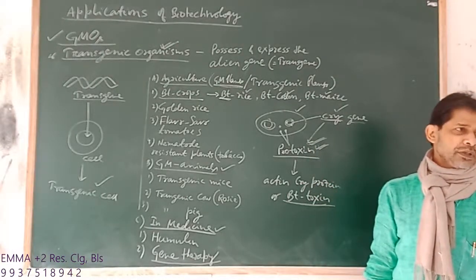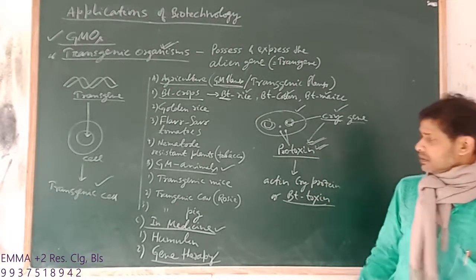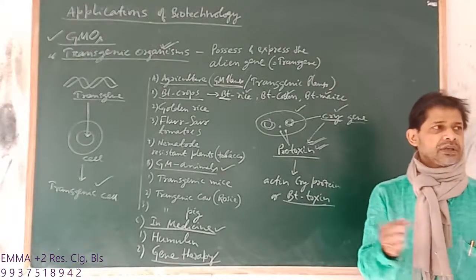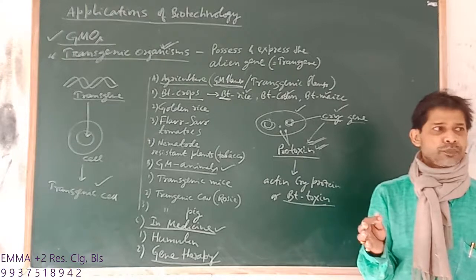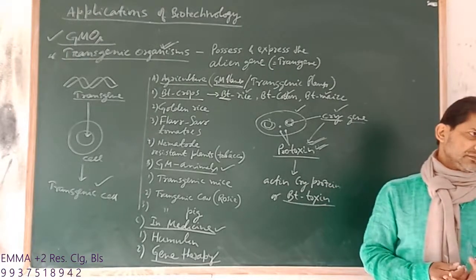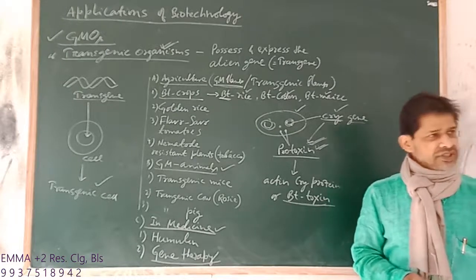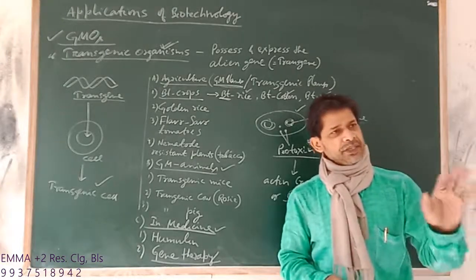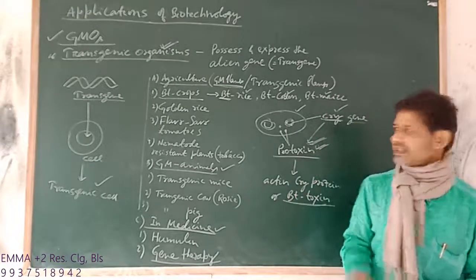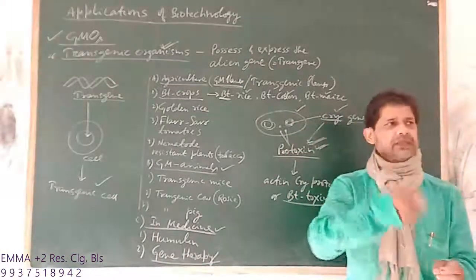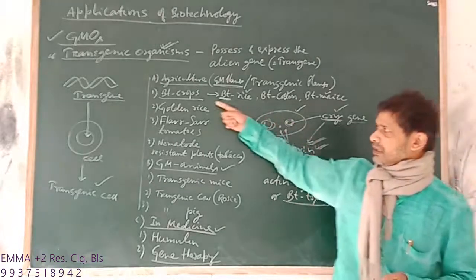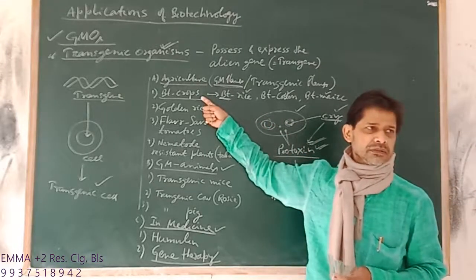Once the caterpillar eats, the protoxin becomes toxin, it makes the alimentary canal of the insect porous, and the caterpillar will die. So instead of using chemical pesticides repeatedly, instead of spraying Bt spores repeatedly, this is a very innovative method.